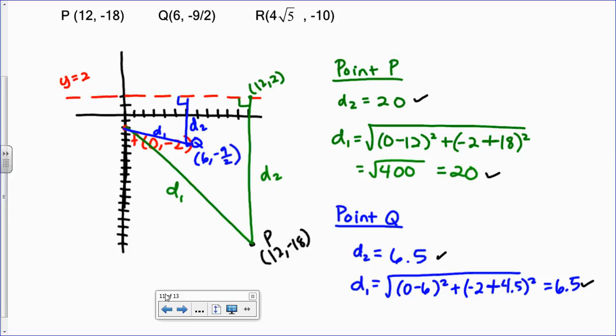All right, so these points are on the parabola. What I'm going to do next is find the equation of the parabola. I know the parabola opens down, and I know it opens down because it has to be between the focus and directrix.